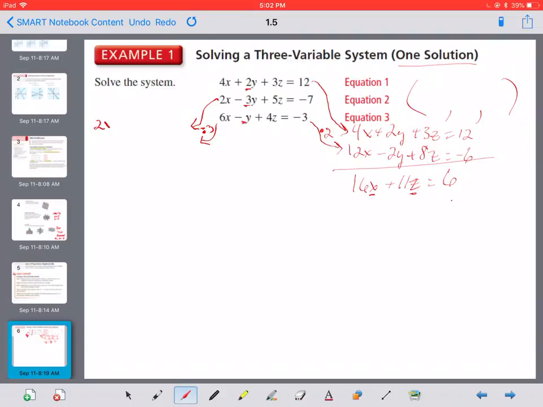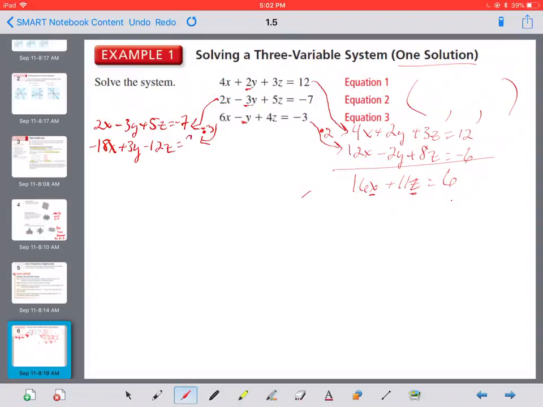So I'm just going to bring down 2x minus 3y plus 5z equals negative 7. And I'm going to pull this other one down. 6x times negative 3 is negative 18x. Negative 1y times negative 3 is positive 3y. There's my elimination. 4z times negative 3, negative 12z.